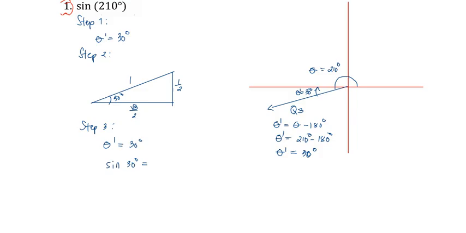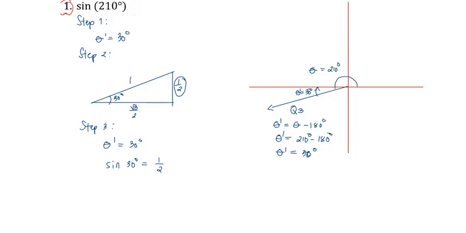Sine 30 degrees is in terms of our y value. What is our y value here? Our y value is in our vertical axis. This is our vertical axis. This is the length of our vertical axis. Therefore, that is 1/2. So our sine 30 degrees is going to be 1/2.